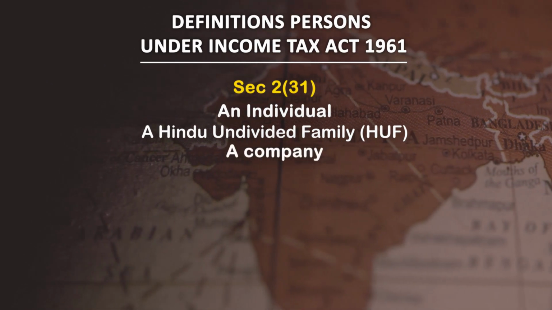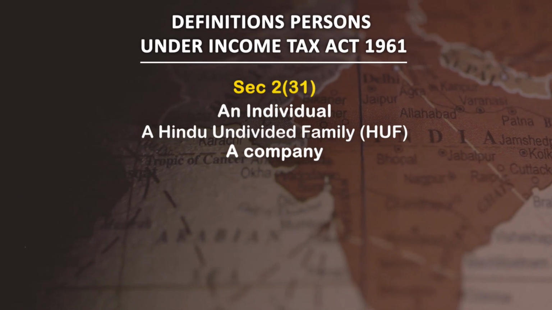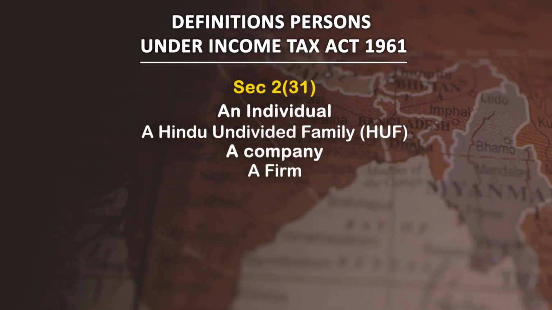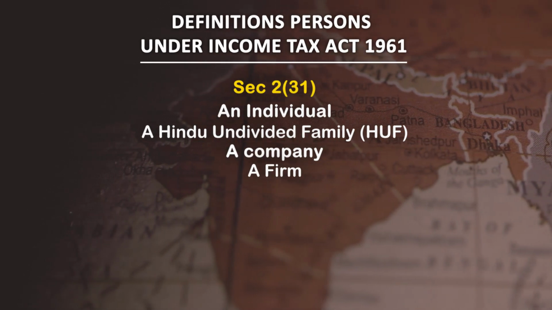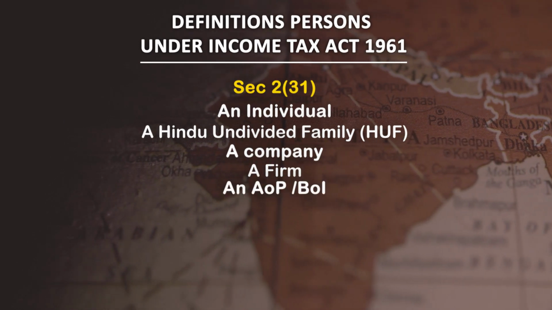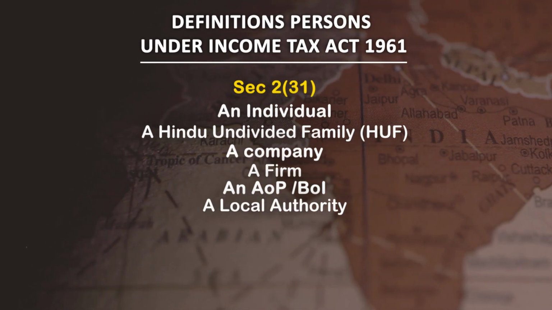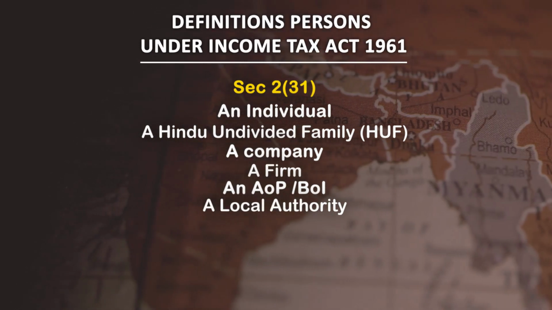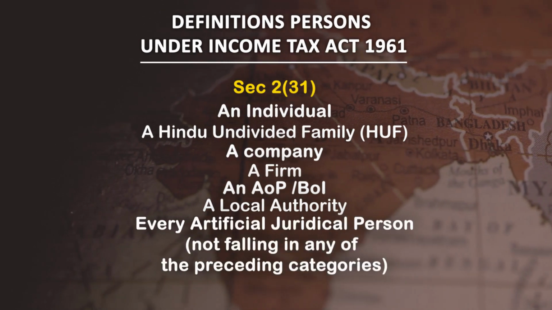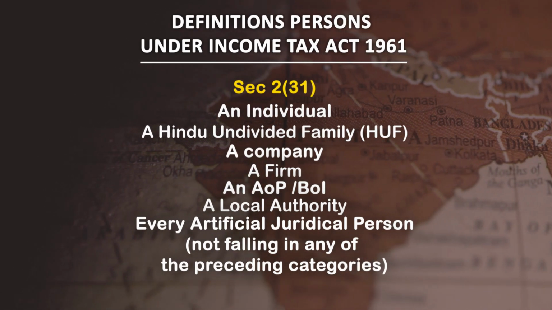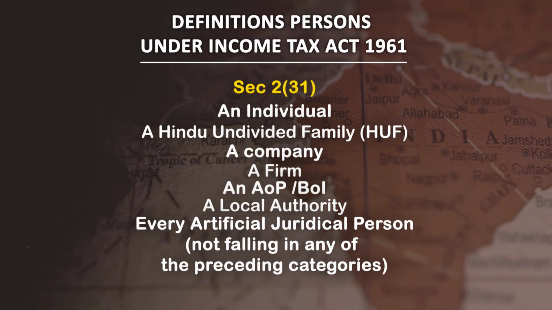Thirdly, a company. A company is registered under the Companies Act 2013. A firm, that is a partnership firm, whether it is a partnership firm or a limited liability partnership. Next, an association of persons or body of individuals. Then a local authority like a municipality, board or corporation. And lastly, every artificial juridical person not falling in any of the groups which I have just now mentioned.